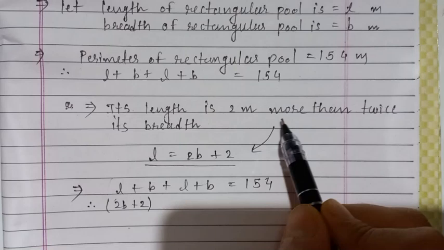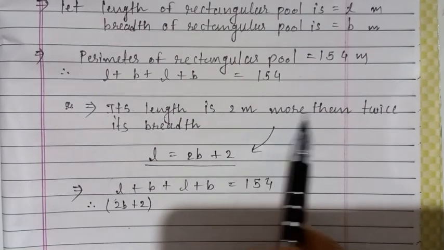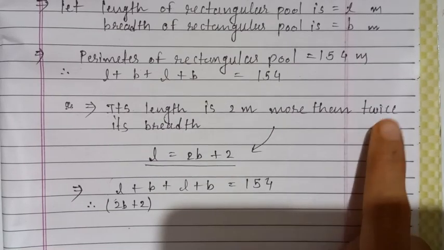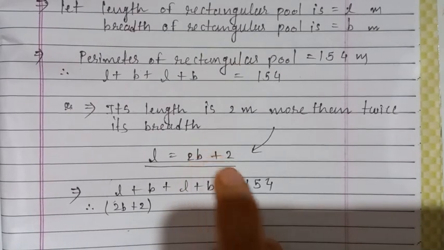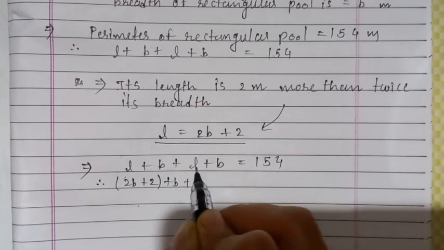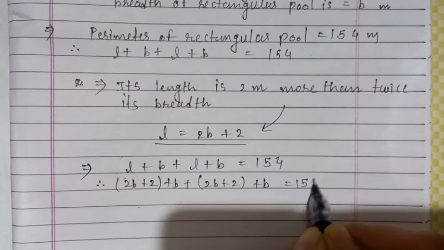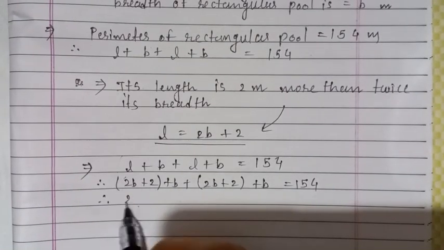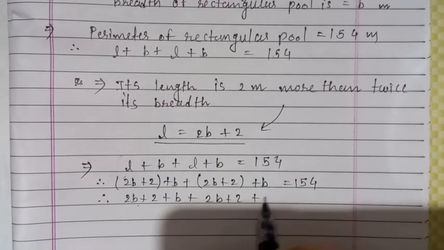It says that its length is 2 meter more than twice its breadth. First you take twice its breadth, and 2 meter more, plus 2. Now B is B, now L is again 2b plus 2, B equals 154. Now remove the brackets: 2b plus 2 plus B, 2b plus 2 plus B, equals 154.